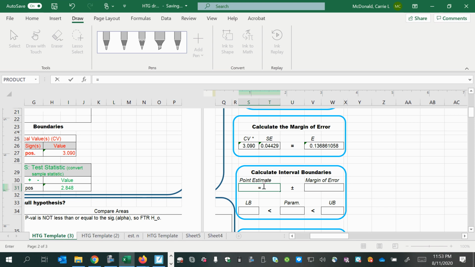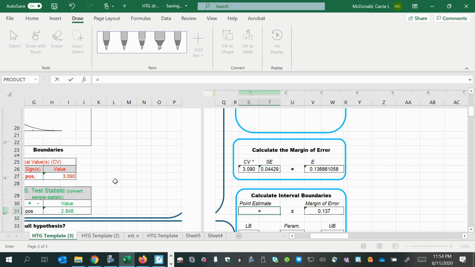Then I'll take my point estimate and add and subtract that margin of error. Okay, so the margin of error is this value, and I'm going to have it rounded to 4 decimal places. The point estimate is my sample proportion, p hat.